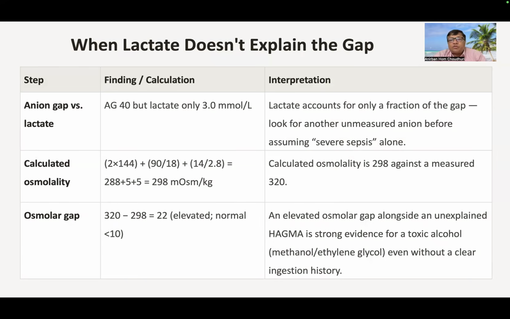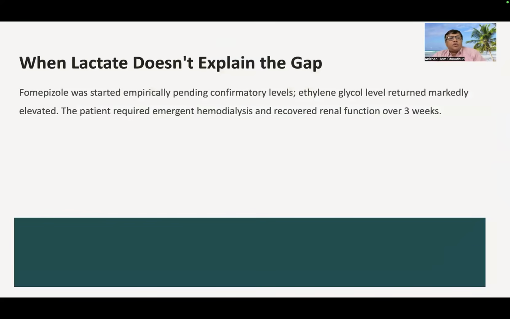So an elevated osmolar gap alongside an unexplained high anion gap metabolic acidosis is strong evidence for a toxic alcohol, which can be methanol or ethylene glycol, even without a clear ingestion history. So fomepizole was started empirically pending confirmatory levels, and the ethylene glycol level returned markedly elevated, and the patient required emergency hemodialysis but fully recovered renal function over a period of 3 weeks.